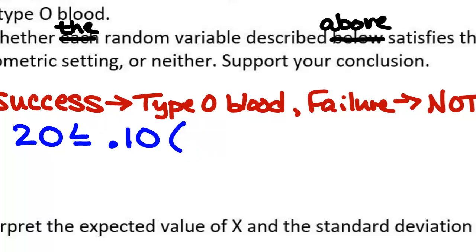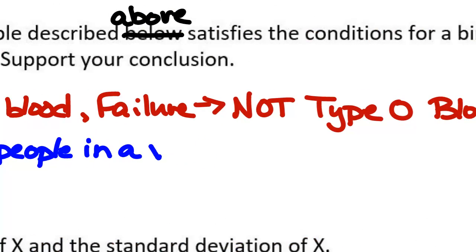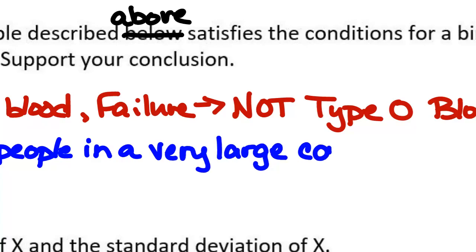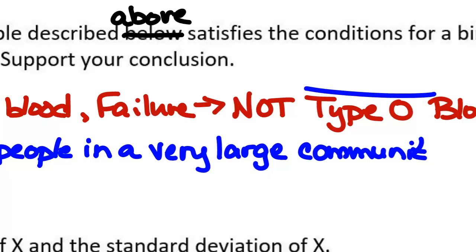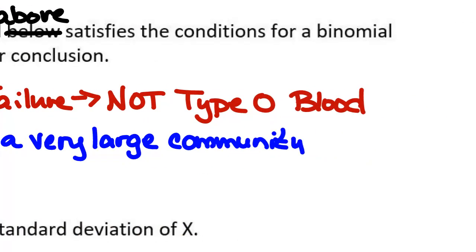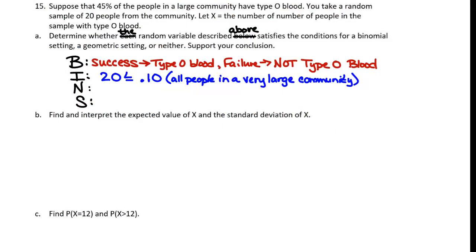We could say all people in a very large community. So very large, we can assume it's like 500. We would be okay to make this assumption here. If it says a very large community, 20 should be less than 10%, but we still have to show that we have checked that condition.